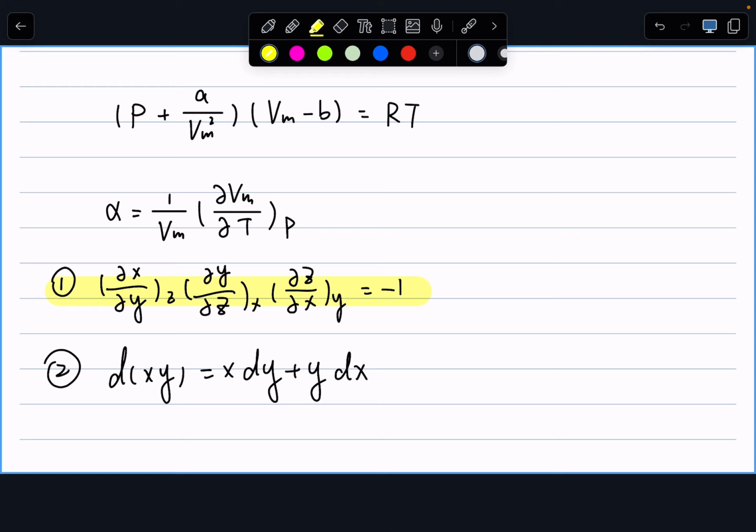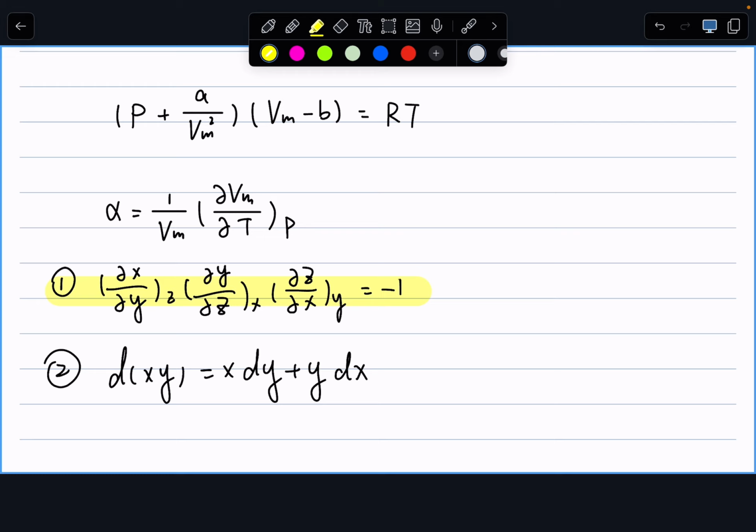So taking the derivative now becomes negative RT times 1 over (Vm minus B) squared plus, because the minus here then becomes plus, 2A over Vm to the third. All right, so just taking the derivatives.